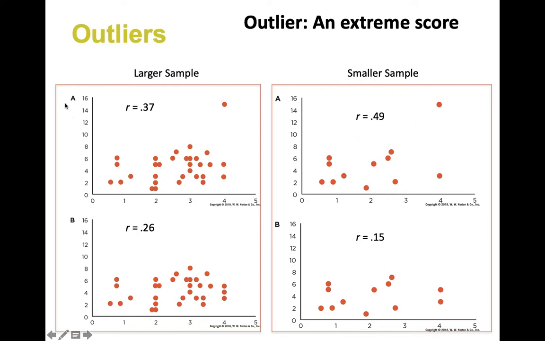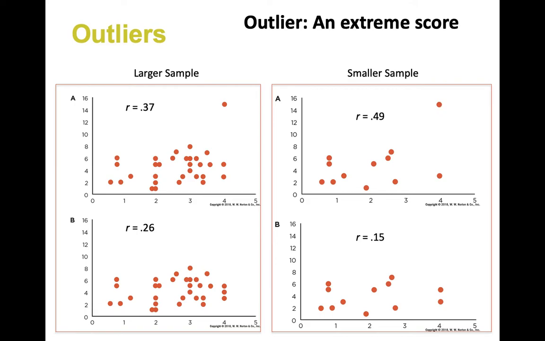The only difference between graph A and graph B for both a large and a small sample is the presence of an outlier. So on the left here, all we've done is take this data point and just make it an outlier. And then the same thing was done in the panel on the right. So this point right here was just made into an outlier.